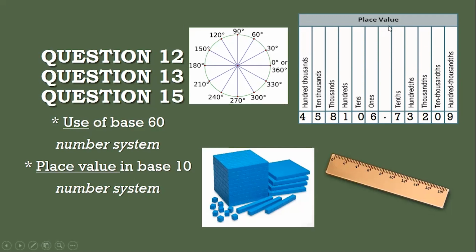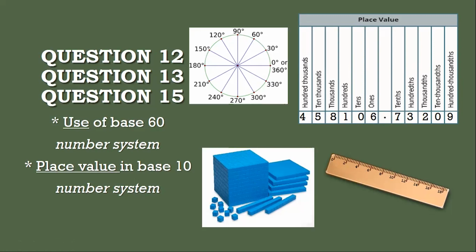Because we have place value in the base 10, each numeral or digit in a number has a place where it stands, and that place gives it a value. So the place where this one is standing gives that one a value of 100. The place where this one stands gives that 8 a value of 8,000.